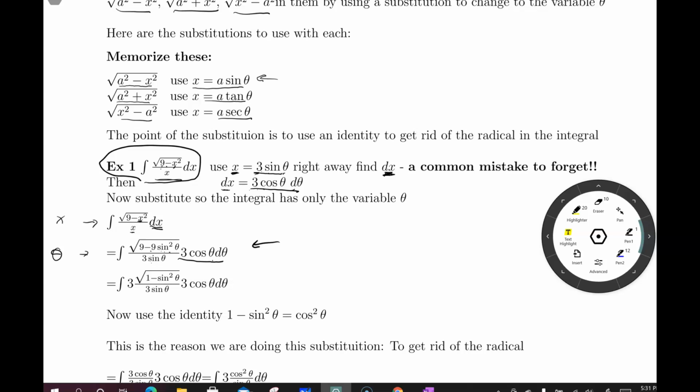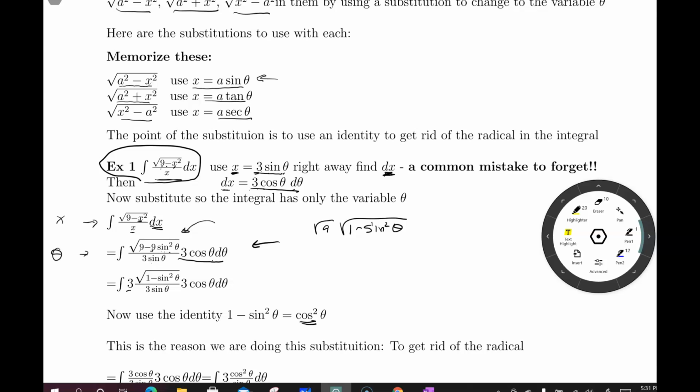Okay, the reason I'm doing this is so that we can get rid of the radical. So let's look at here. If I factor out a root 9, or a 3, right? Factor out a root 9 from here. So you can think of this as root 9 times 1 minus sine squared theta, right? Then 1 minus sine squared, you know, is cosine squared. That's underneath the radical.